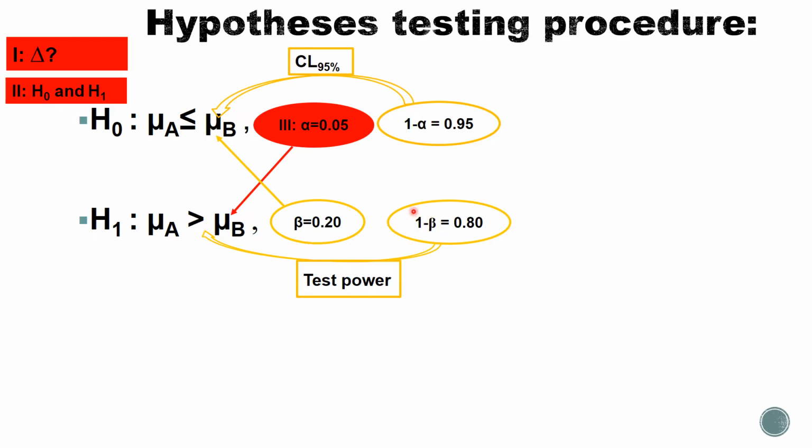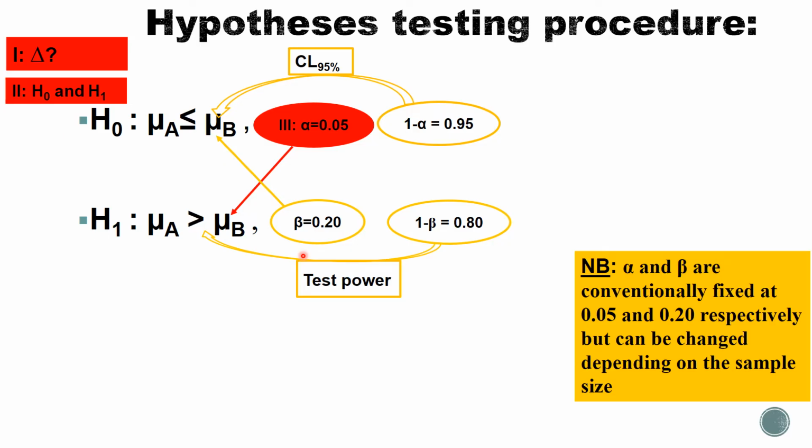The total probability, which is 1, minus what? The probability of this not being true, which is beta. So the power of our test is the capacity of our statistical test or our study to actually prove that there is a difference if really the difference exists.